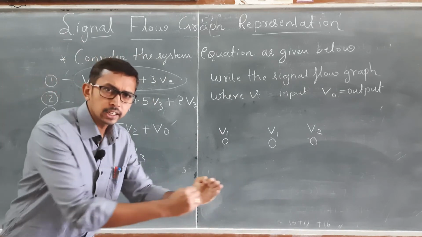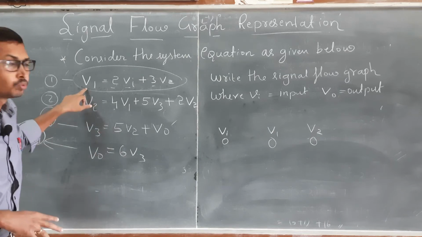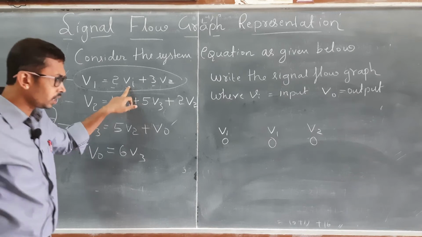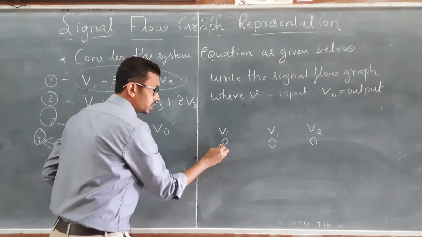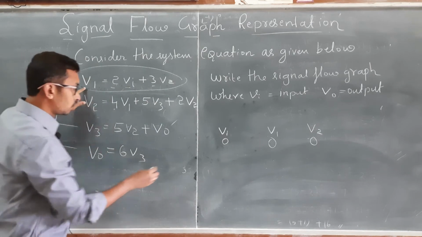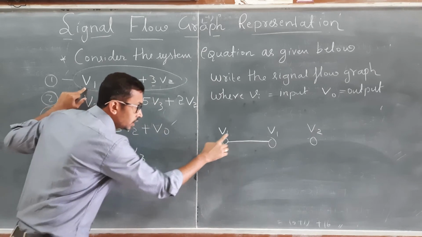Now what is the relation between these? V1 is equal to 2Vi. So there is a relation between Vi and V1.